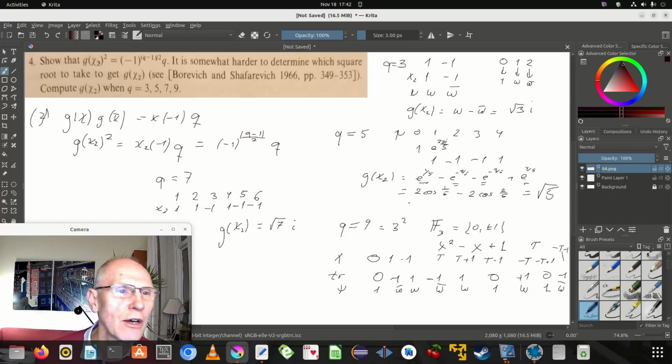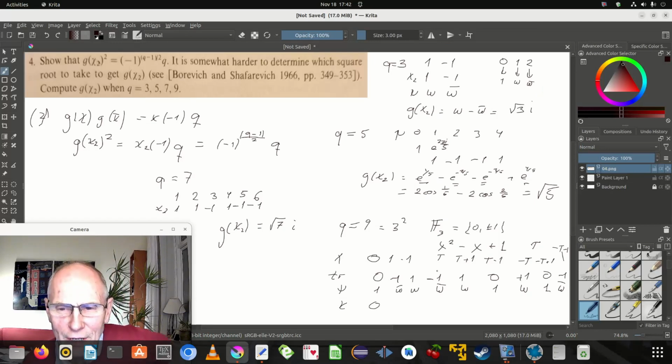And then we have the character of order 2. So we need to see which squares we have. Those that have trace naught are of course square roots of something.